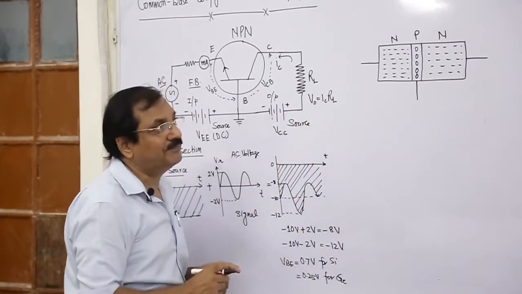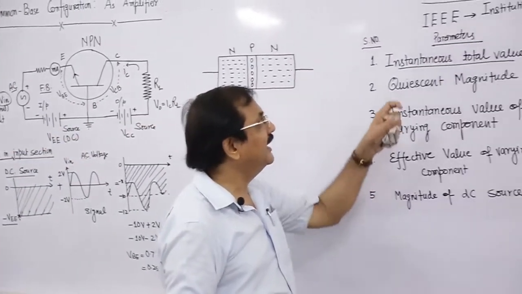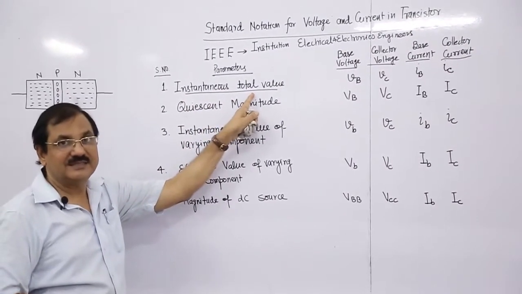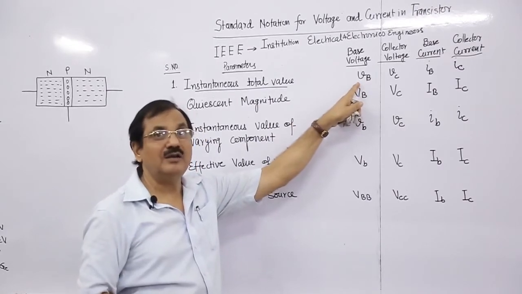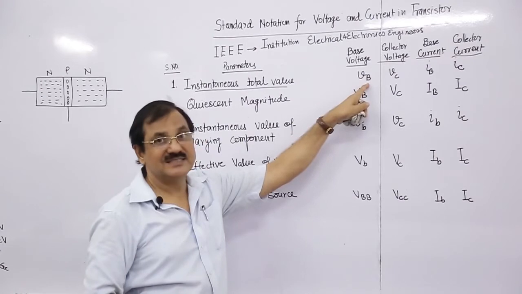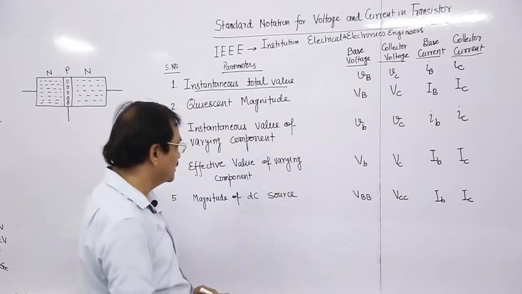So in this circuit notation and parameter, instantaneous voltage means the base voltage is small v, capital B suffix.